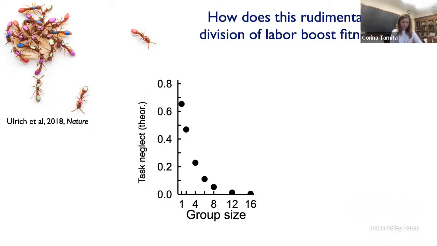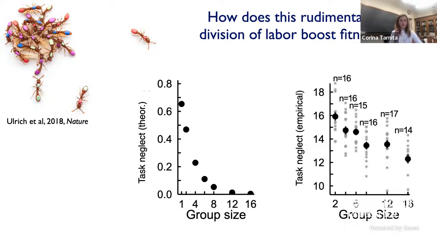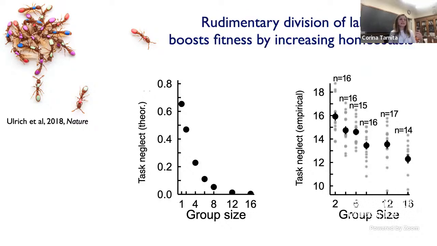But we then measured also empirically, and we found the same declining trend, although definitely not as dramatic as in the model. But the point is that the more ants you have, the less likely it is to find any task that is being unattended. And one of the things that does is that it increases homeostasis in the group.